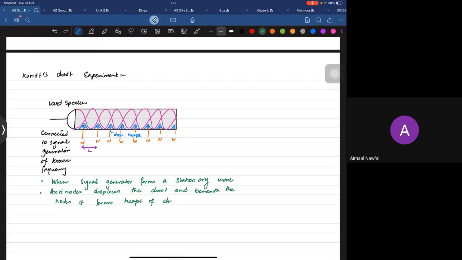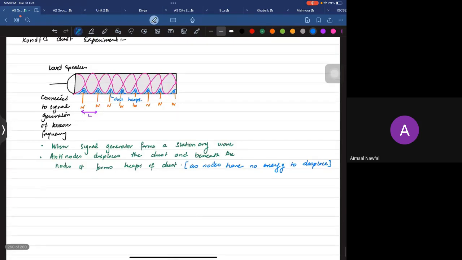And why does it do that? Because nodes have no energy to displace.